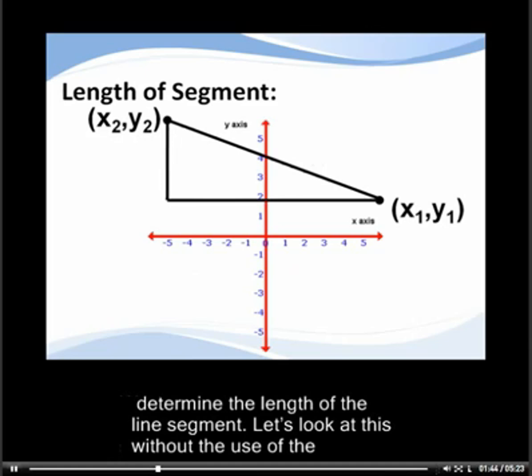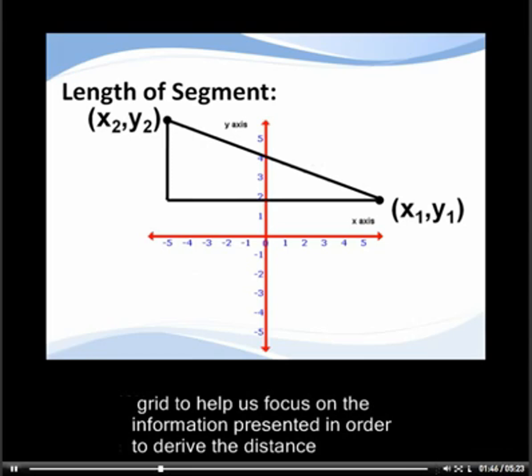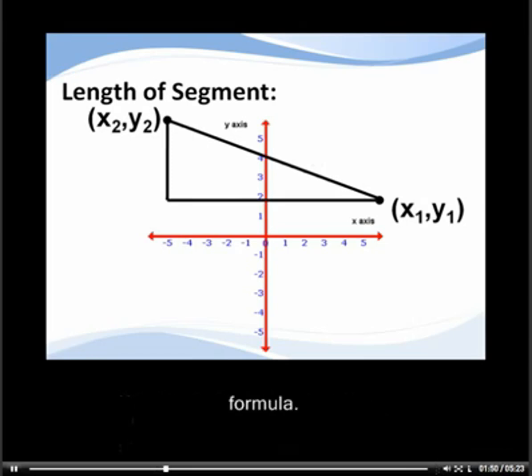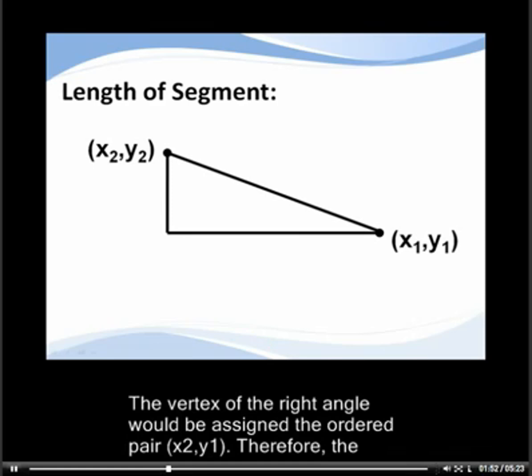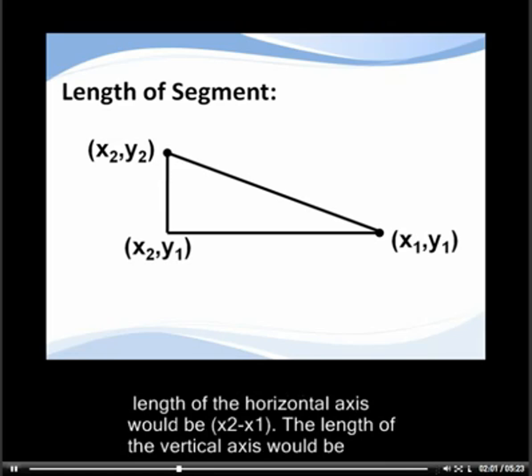Let's look at this without the use of a grid to help us focus on the information presented in order to derive the distance formula. The vertex of the right triangle would be assigned the ordered pair x2, y1. Therefore, the length of the horizontal axis would be x2 minus x1.